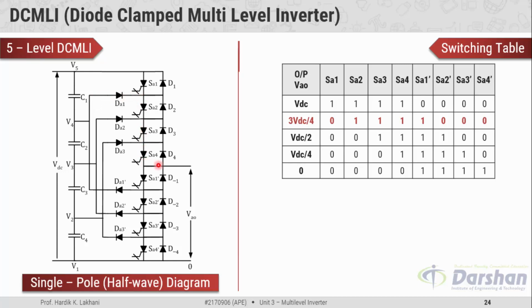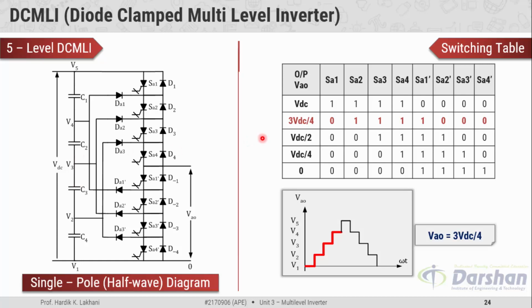SA3 and SA4. This time, these three series connected capacitors would appear across the output terminal. So VDC by 4 plus VDC by 4 plus VDC by 4 is equal to 3 VDC by 4 amount of magnitude appears across the output voltage, and we get fourth level.